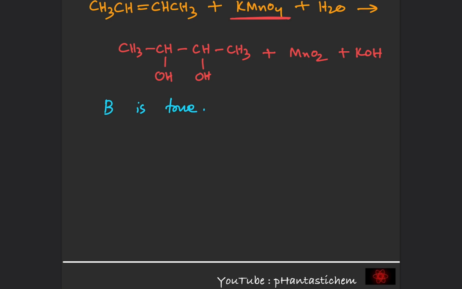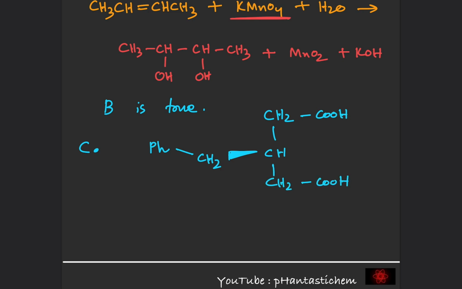Then let's look at option C. Q gives effervescence with aqueous NaHCO3. So let us look at Q. Q is Ph-CH2-CH(CH2COOH)-CH2COOH, right?